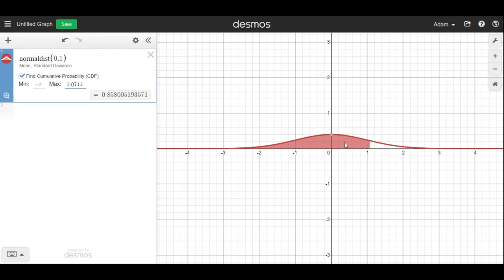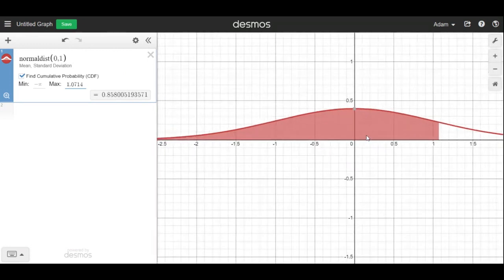That's the area to the left of one. That's the same as the percentage of data values less than the z-score, which is the same as the percentage of data values less than 140. So we convert this to a percent, 85.8%, approximately.